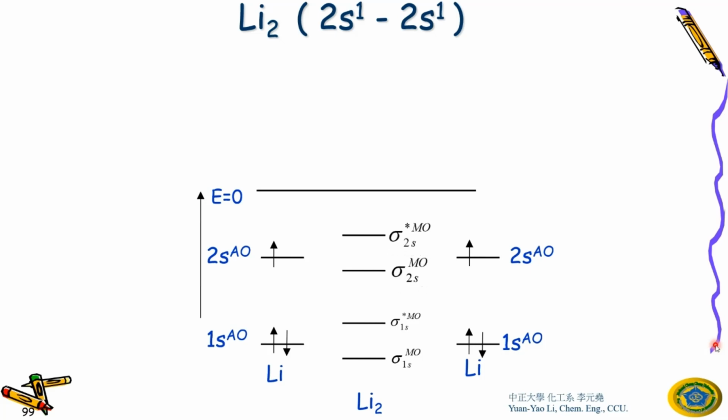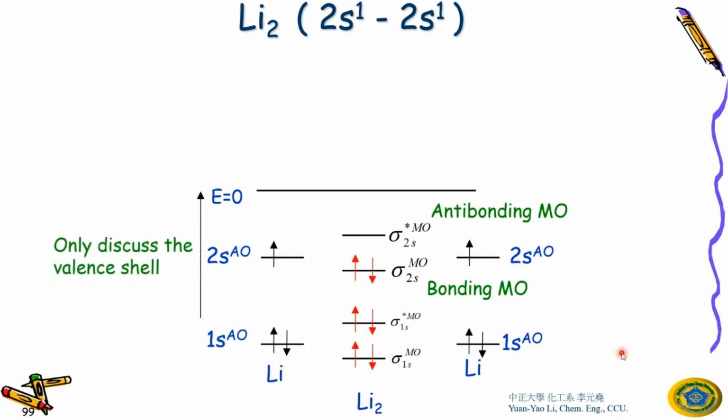Again, you start to fill the electrons into this molecular orbital diagram. So you have 1, 2, 3, 4, right? And then you fill another one here, 1 and 2. So you have 6 electrons.